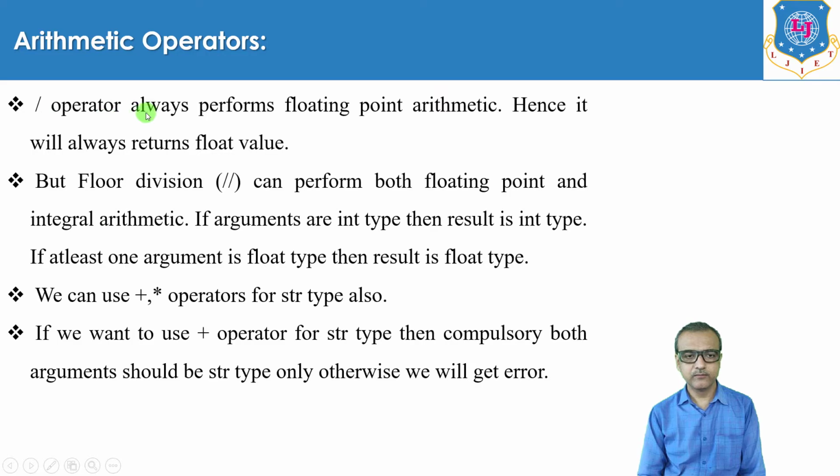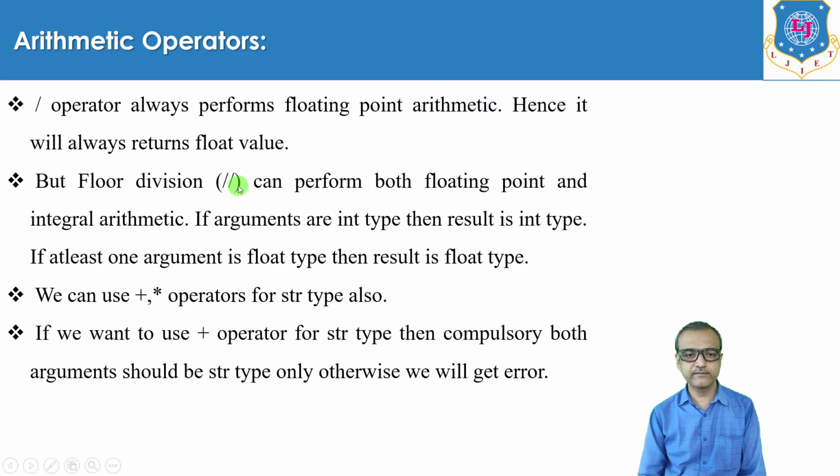Division operator always performs floating point arithmetic. Hence, it will always return float value. In the earlier example, we have divided 10 by 2. So the result is 5.0. Always keep in mind that the slash operator performs floating point arithmetic.